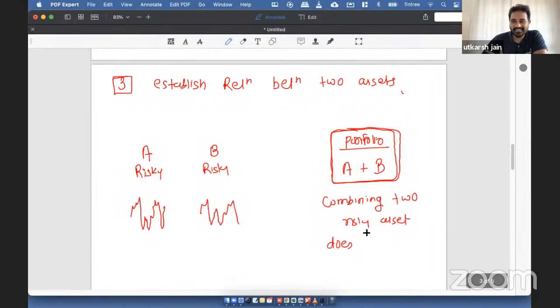Amazing, right? And you'd say, Utkarsh, that does not sound intuitive. How is it possible that we're combining two assets and the portfolio is not risky?